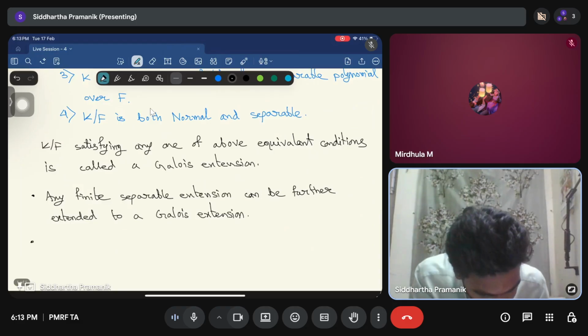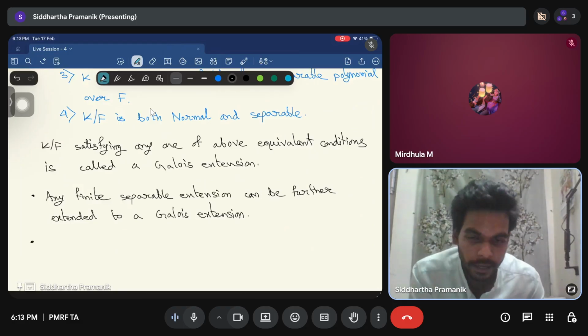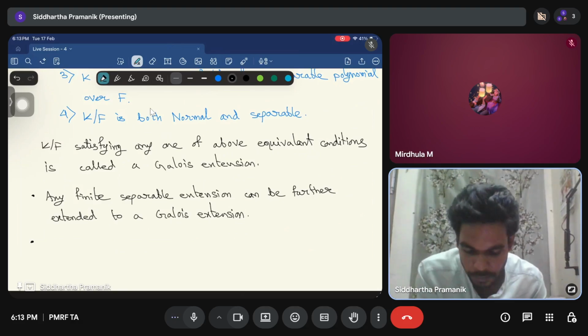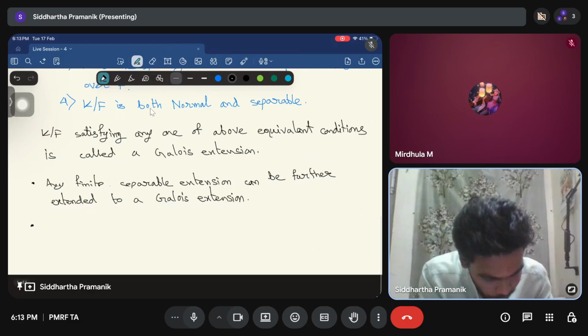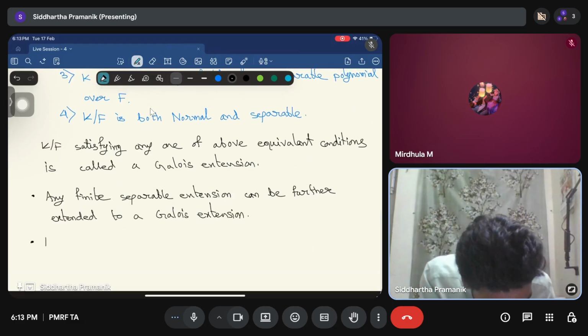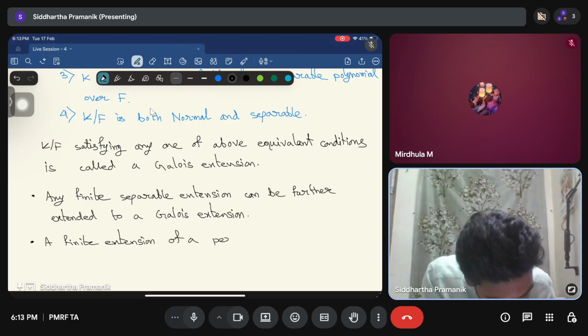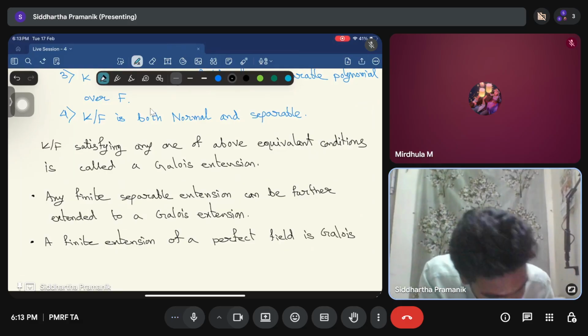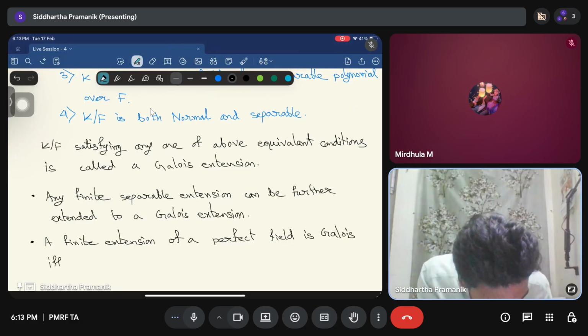And after that, we have seen when a finite extension of a perfect field is Galois. A finite extension of a perfect field is Galois if and only if it is normal.